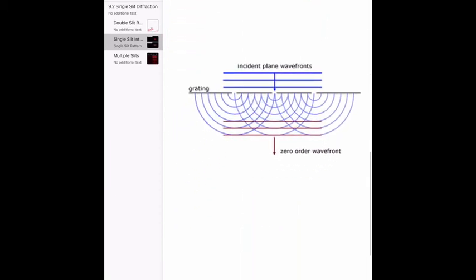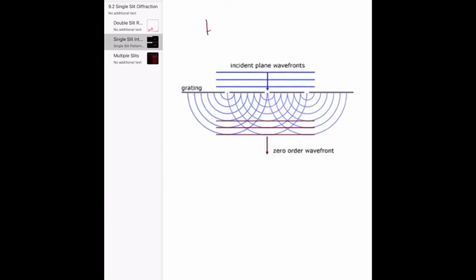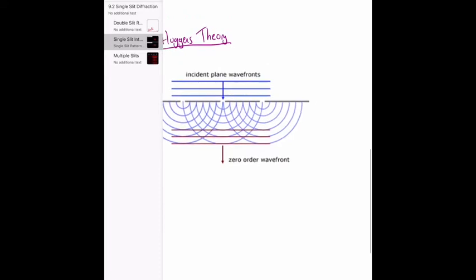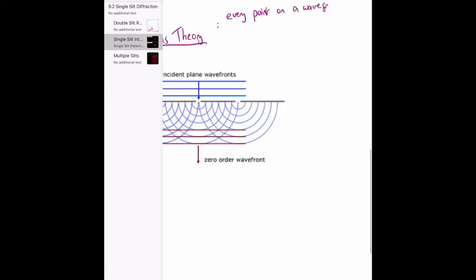So now, there's a theory that goes along with waves called the Huygens theory of waves. Now, Huygens was a scientist who came up with a lot of the original theories behind wave behaviour, and he came up with a principle that I'll write out here. So he says every point on a wave front can be considered as an individual source of wavelets.